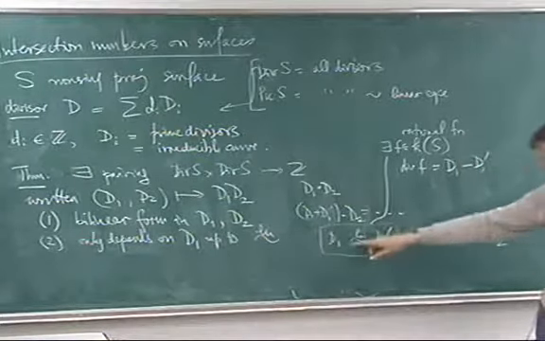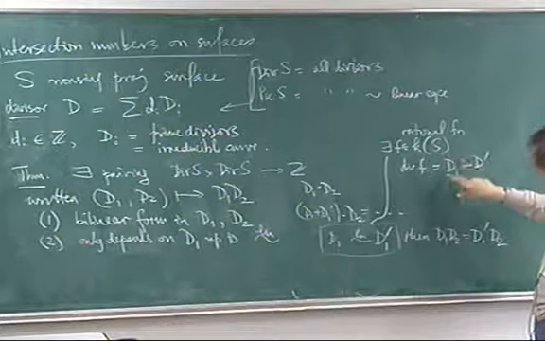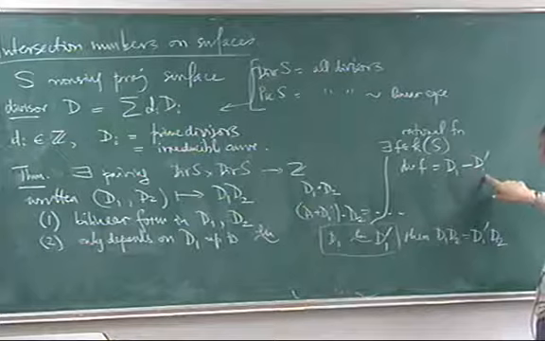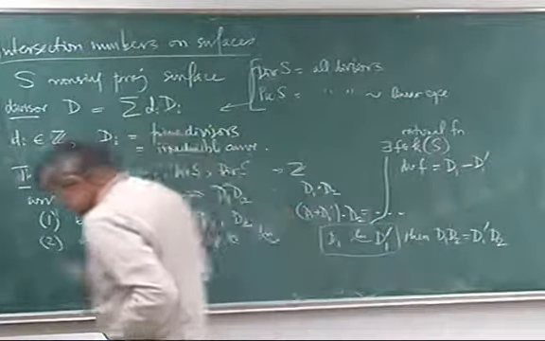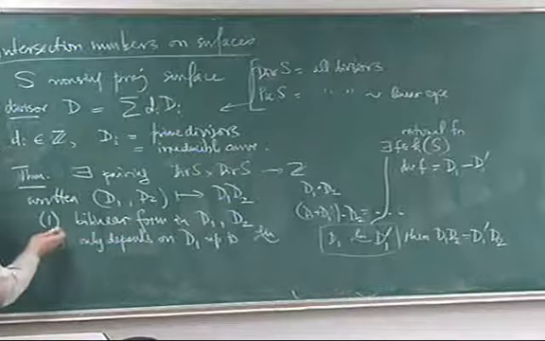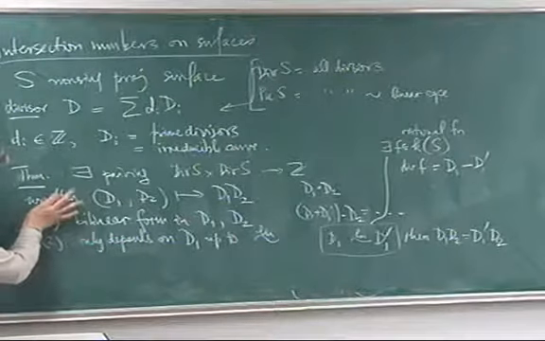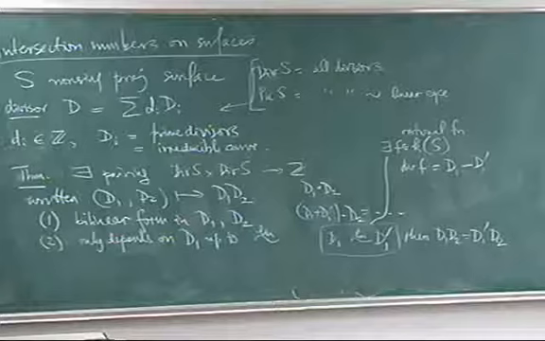So this means that I can find a function which has zeros D1 and poles D1 primed. This definition is basically the same as the definition on curves, although what it means is slightly different.